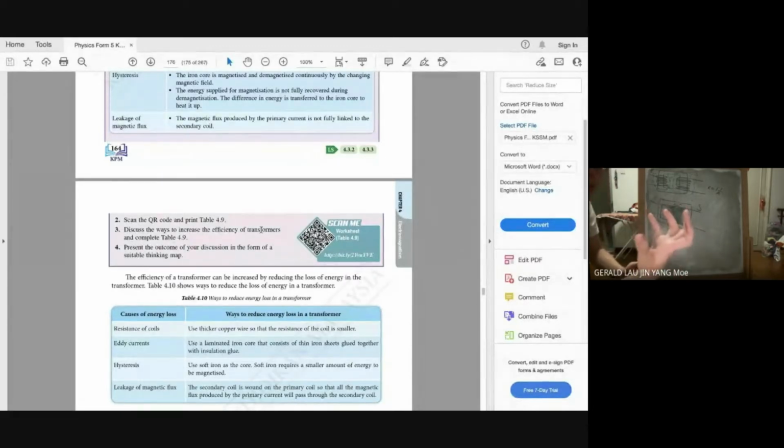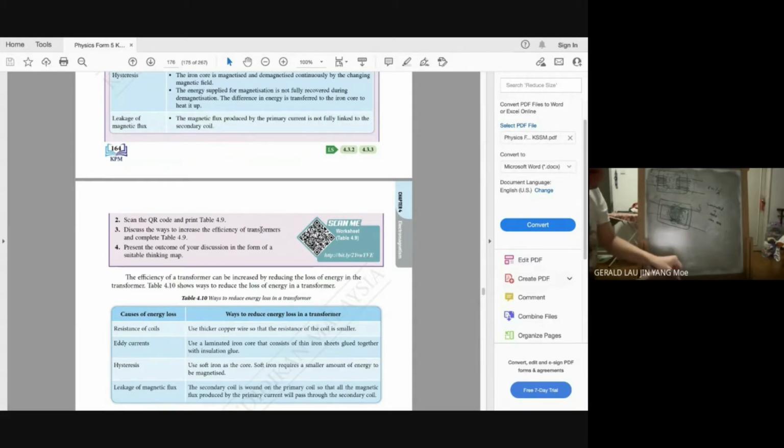Soft is to prevent hysteresis, which is the magnetization and demagnetization. That's why it requires a smaller amount of energy to be magnetized. That's why it's important to use laminated and also soft iron core. Laminated is because of eddy current, soft is because of hysteresis.